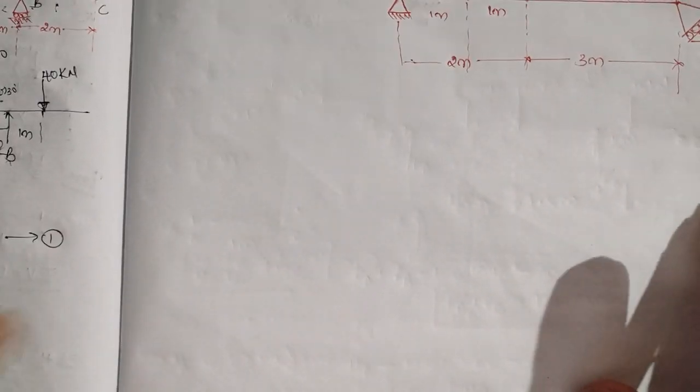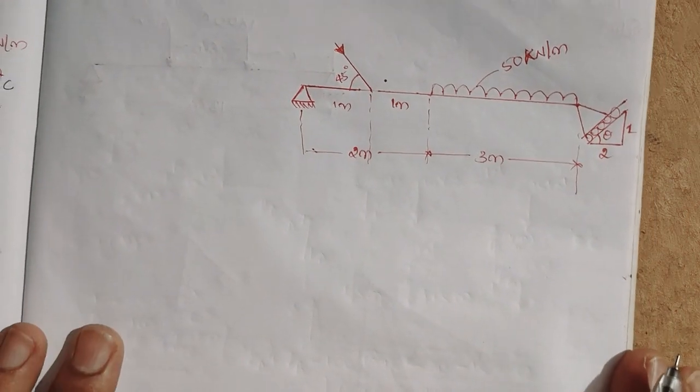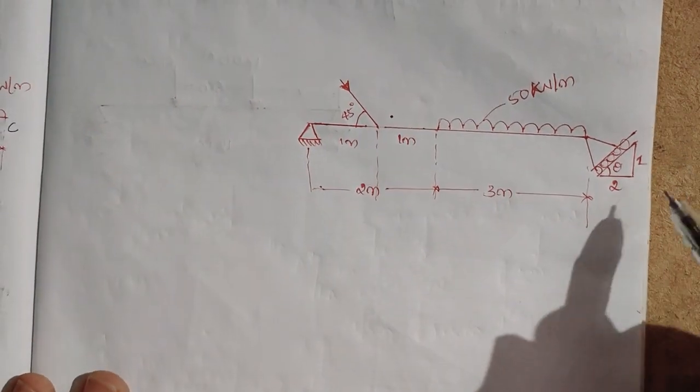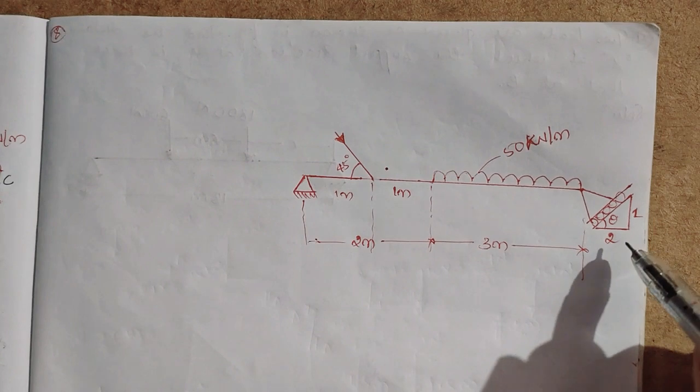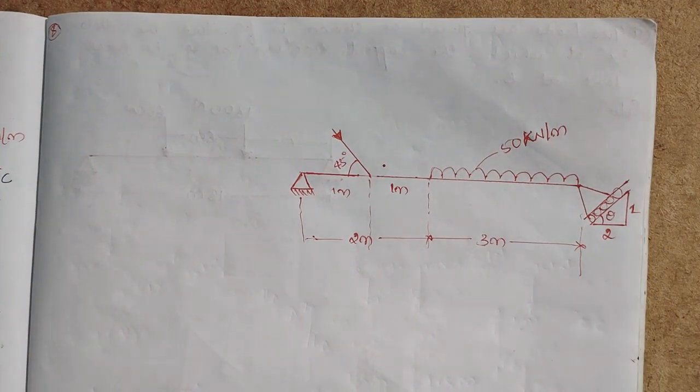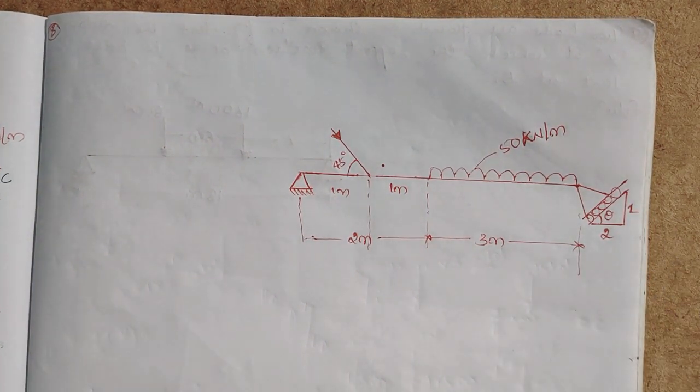So we'll go to another interesting problem, in which the support is inclined. The support is inclined and they have given a slope for that, 1:2.